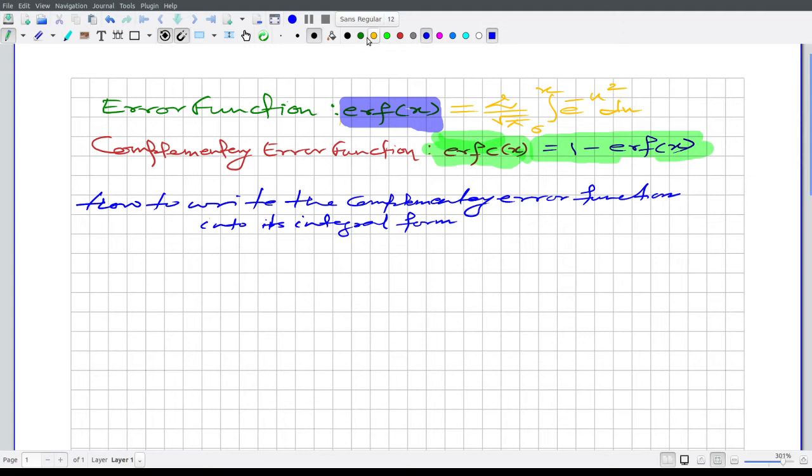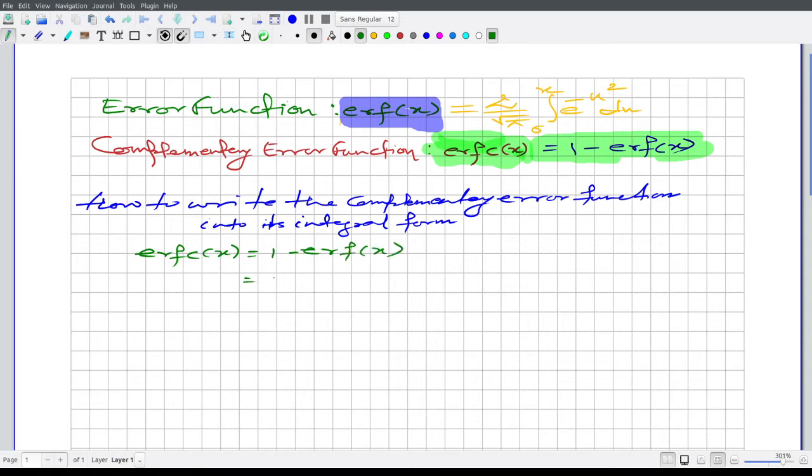Okay, so we are writing erfc of x equals to 1 minus erf of x.